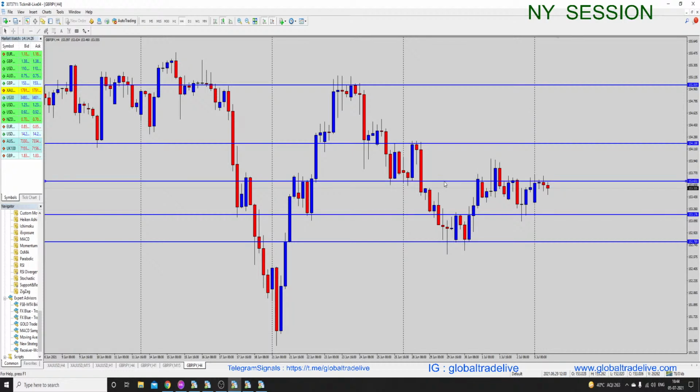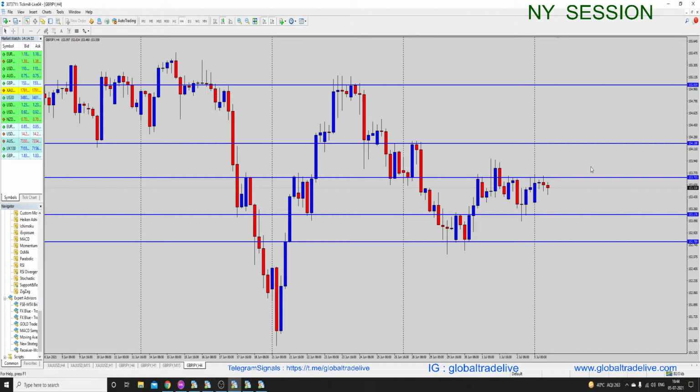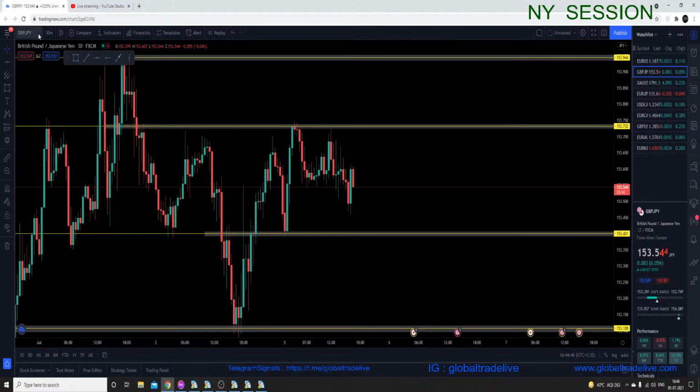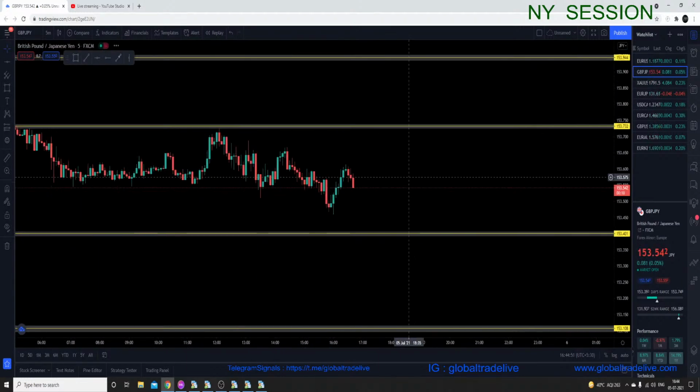I think this will be the point here. So the market is just consolidating between these two levels, and this will be considered as a fake out. Right now the market is struggling here, so it can potentially go down to tap the 153.1176 area. But today is Monday, so we really need to be very careful because the market can be really slow.